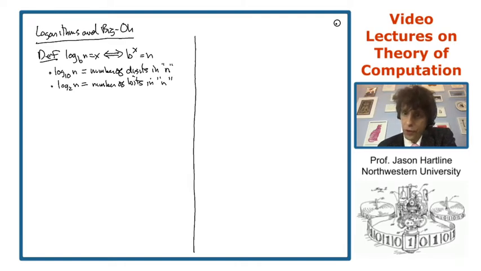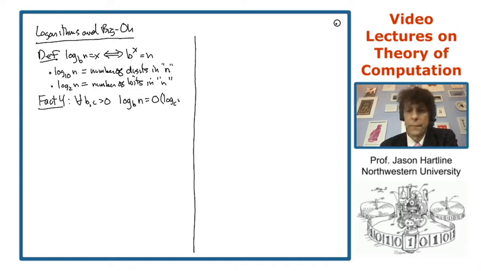And so we'll start by writing down a couple facts. Fact 4: for all constants b and c bigger than 0, the log base b of n is big O of log base c of n.